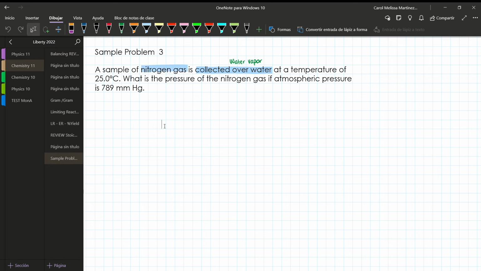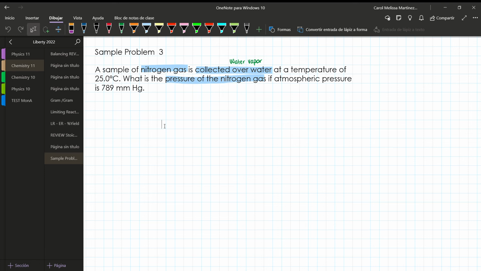Okay, so here they're asking me what is the pressure of nitrogen gas, and they're giving me the atmospheric pressure. The atmospheric pressure, that means the total pressure, okay, of the mixture. Okay, the atmospheric pressure is 789 millimeters of mercury. So we need to find what is the partial pressure.